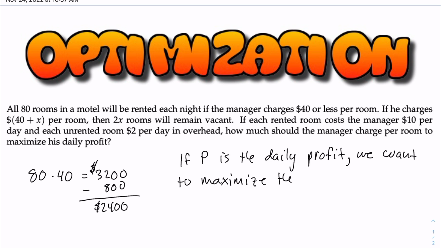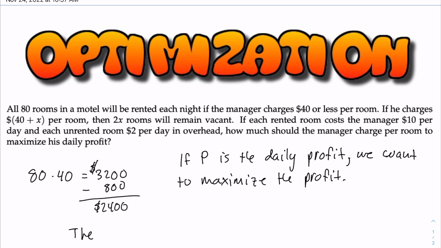Profit is going to depend on X, because if we increase the price, a lot of rooms go vacant.